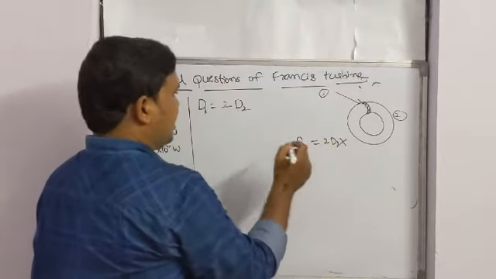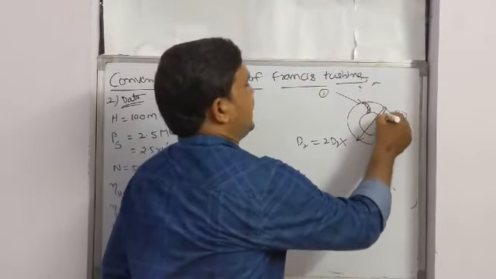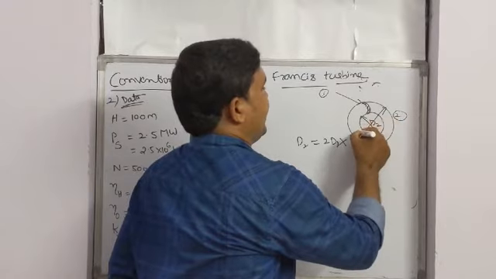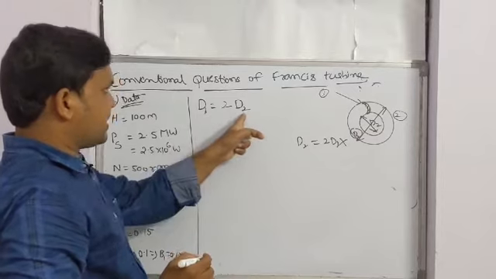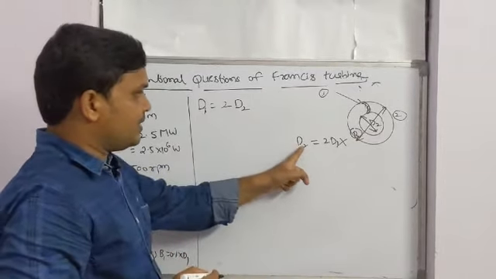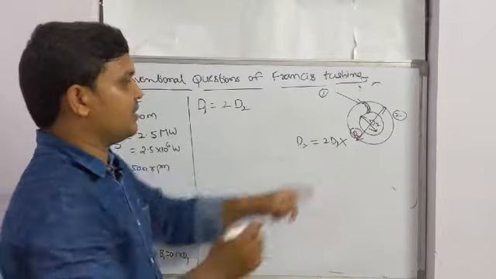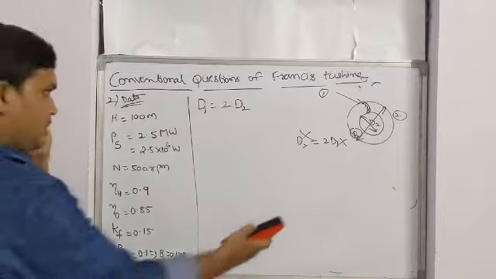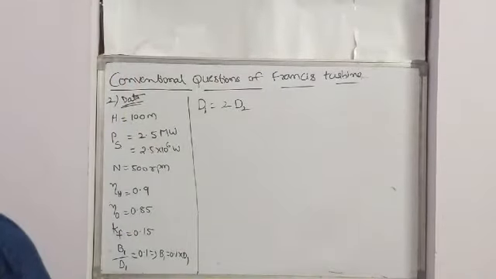It's wrong. Always the outer dia is greater and the inner dia is lesser. D2 is the inner dia, D1 the outer dia. D1 is always greater than D2. Writing D2 greater than D1 is completely wrong. Please observe carefully while solving Francis type problems when the data is given.